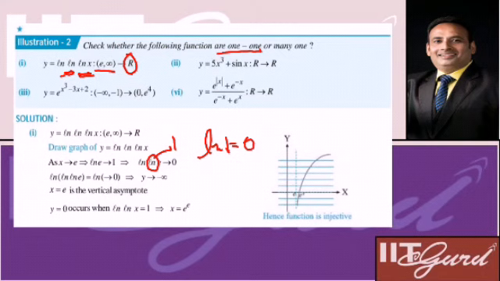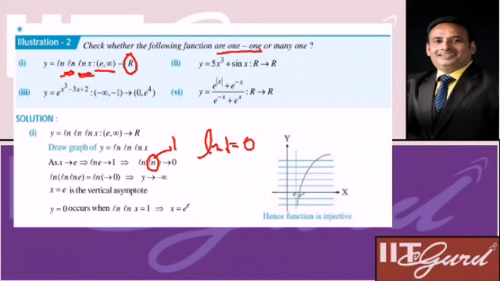Now come again to the first question, ln of ln x. As I told in the theorem, algebraic, exponential, trigonometric and logarithmic functions are continuous and differentiable. Here there is a logarithmic function, so we can use the differential concept. It is continuous and differentiable in e to infinity.